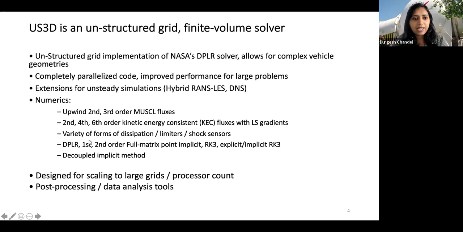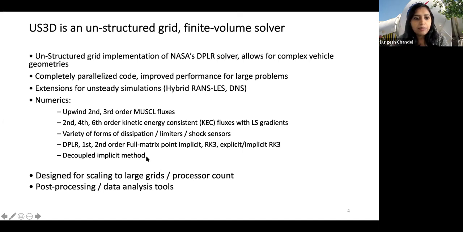And then we have a variety of forms of dissipation, limiters, shock sensors, and time integration schemes. The code is mainly reputed for its implicit solver algorithm, which enables large time stepping for large grids, but we also have explicit high order time integration methods as well.